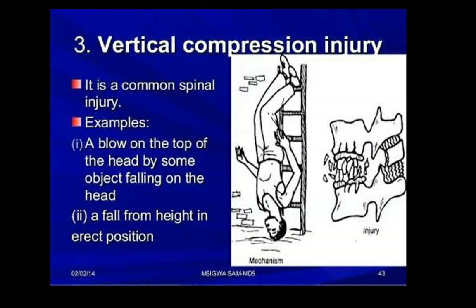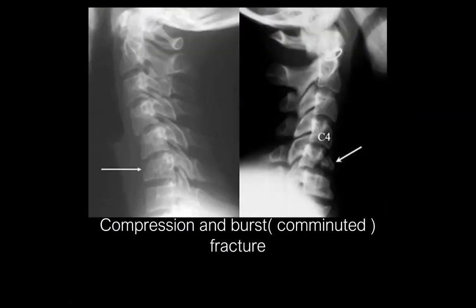Vertical compression, as we said, is a blow on the top of the head, or a fall from a height, or into shallow water, or you jump and you get neutral position and load. And this can result in compression and burst. The wedge is the compression fracture; the burst is the comminuted fracture.